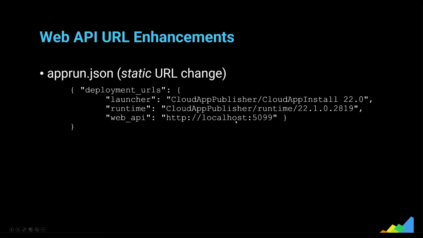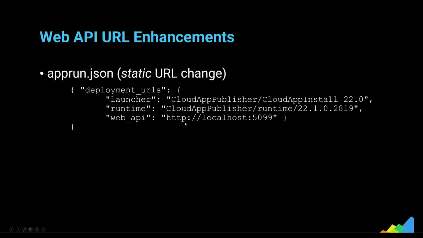I call it a static API URL change because now you can simply modify this app run JSON configuration file on the server and restart it, and all the clients will get the new web API URL.